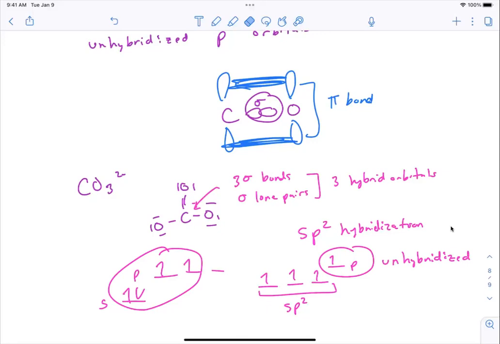Correct. Yes, correct. Yes, the first bond's sigma. The second bond is that up and down parallel one that we drew. So like this double bond right here is like this. That's what it's illustrating.